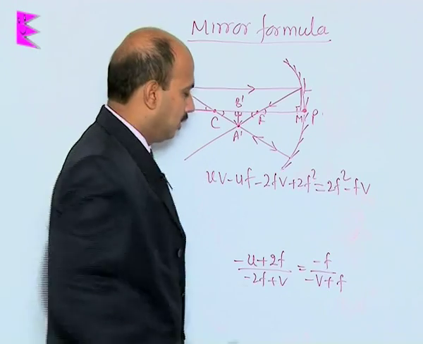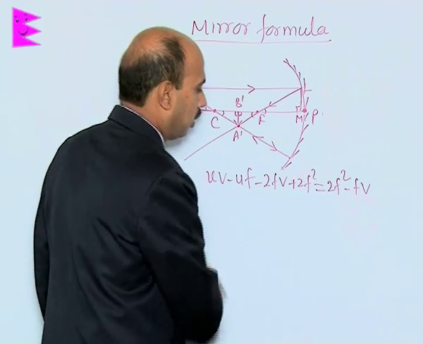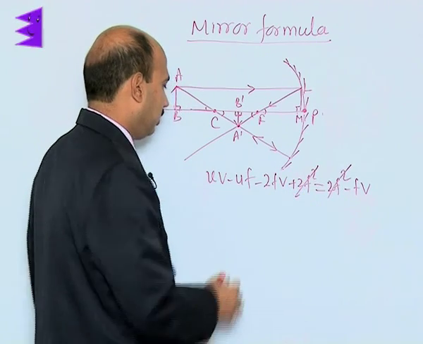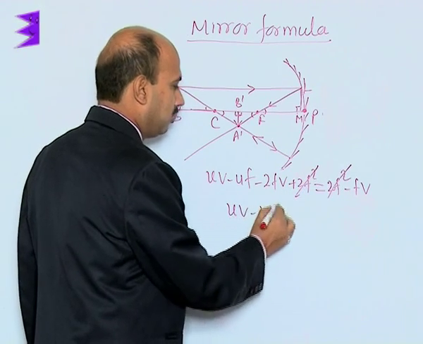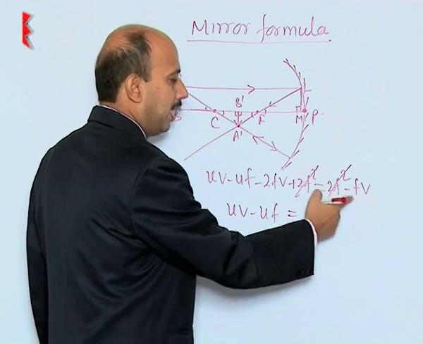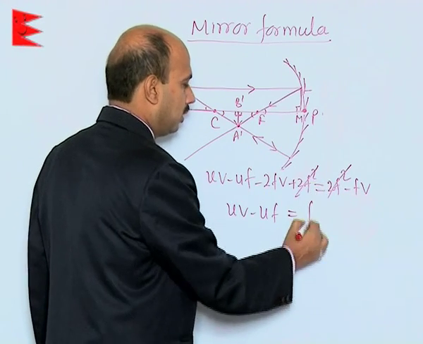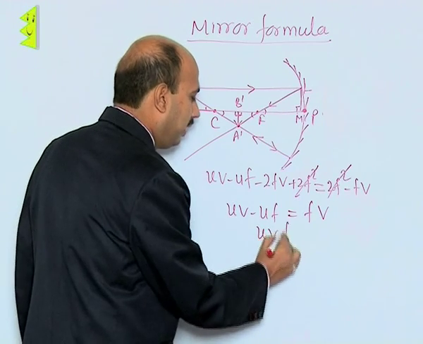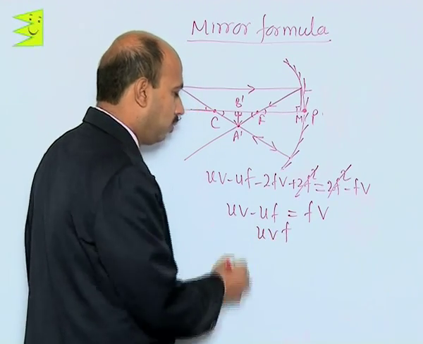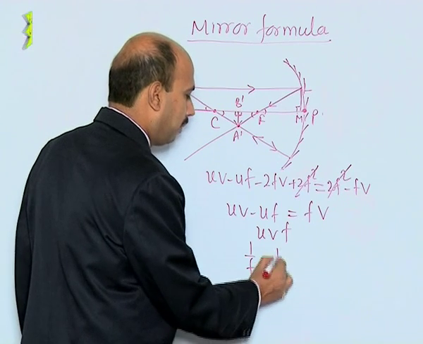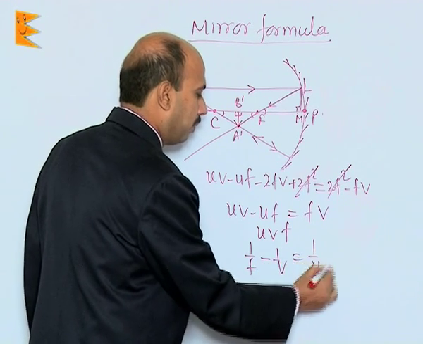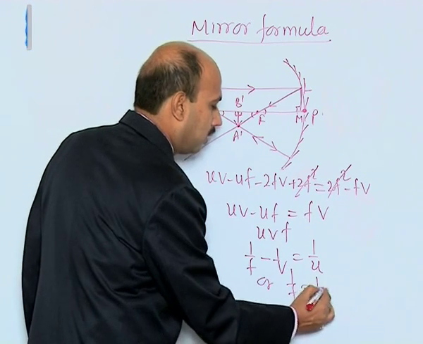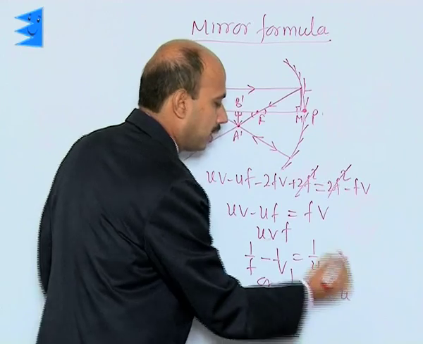After multiplication you get this equation. Now you solve it. So this 2f squared will get cancelled. You have got uv minus uf is equal to minus fv, and this goes to the other side as plus fv. We divide by uvf on both sides. When you divide by uvf, you get 1 upon f minus 1 upon v is equal to 1 upon u, or you can write 1 upon f is equal to 1 upon v plus 1 upon u.